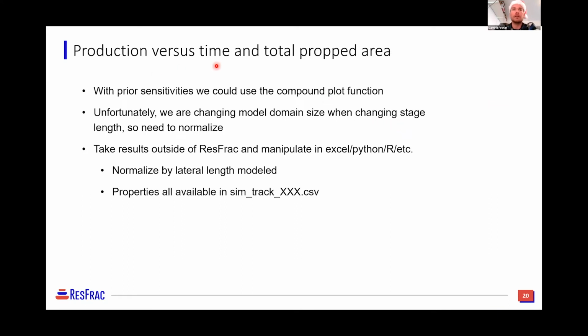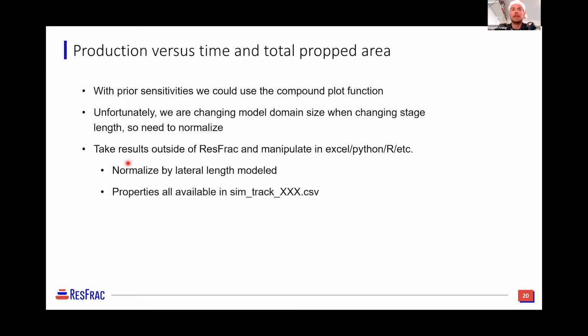Of course, production versus time is a great one to look at, and total propped area that is created. Now, one of the gotchas here is that we are changing stage length between these simulations, and because we typically only model a handful of stages in a well, you can't just use the built-in features to compare simulations because we need to normalize on lateral length.